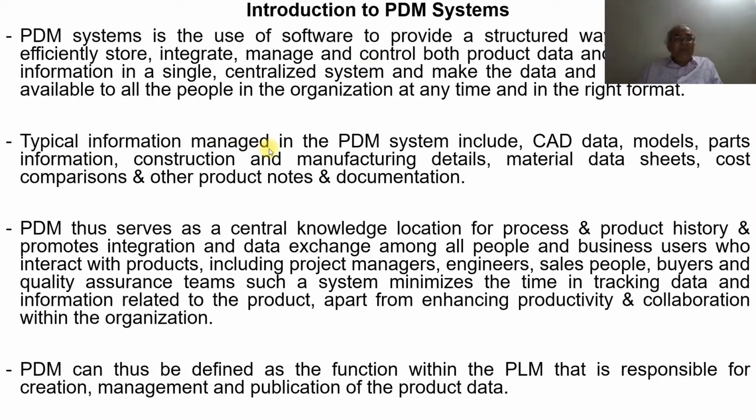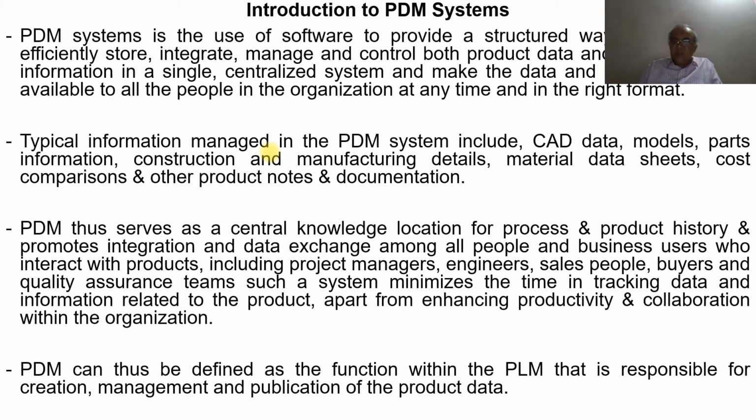Then the typical information managed in the PDM system includes CAD data, which I already told you, models, parts information, construction and manufacturing details, material data sheets, cost comparisons, and other product notes and documentation. So which are all the information required in the PDM system?